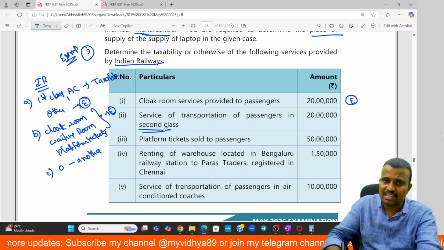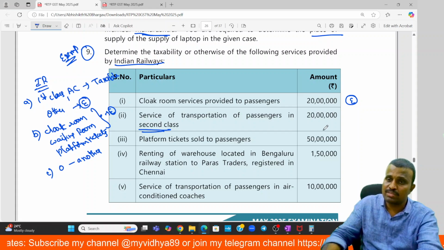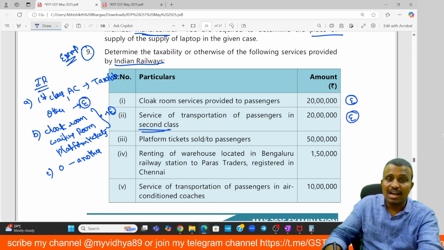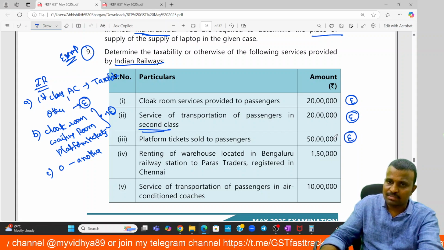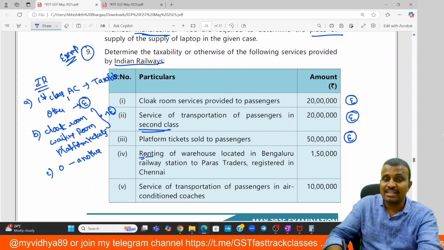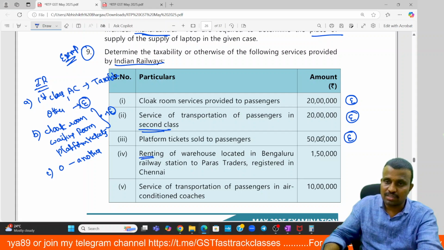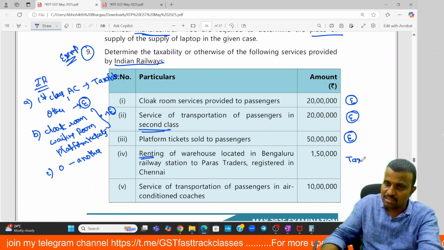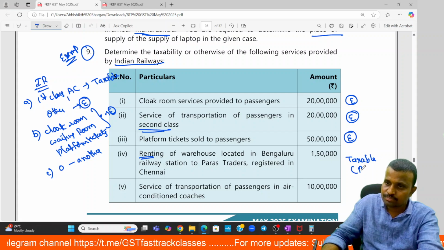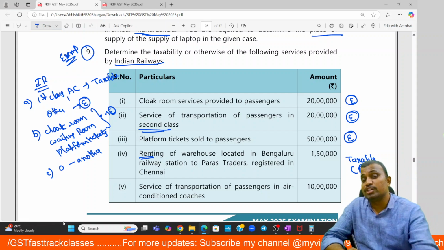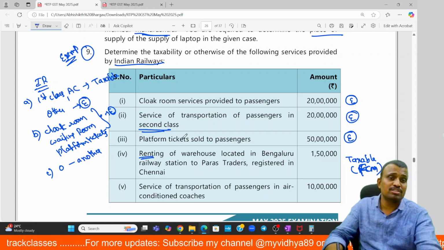Transportation of passengers in second class: first class and AC only are taxable, but second class is exempted. And platform tickets are exempted. And renting of warehouse: renting is not covered under the exemption list, so this is taxable under forward charge mechanism, not under reverse charge mechanism.